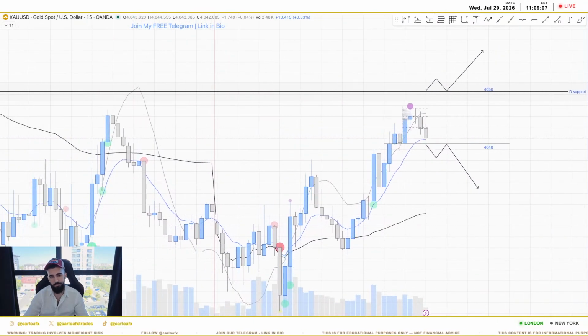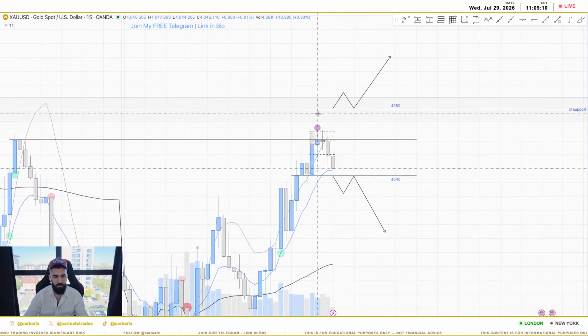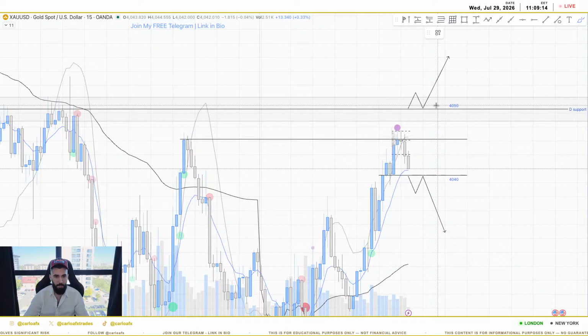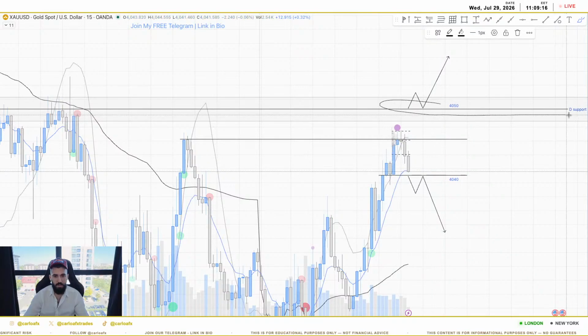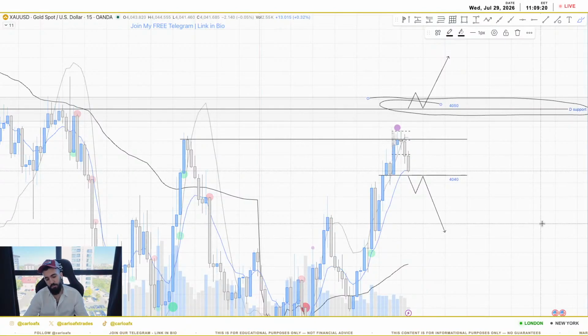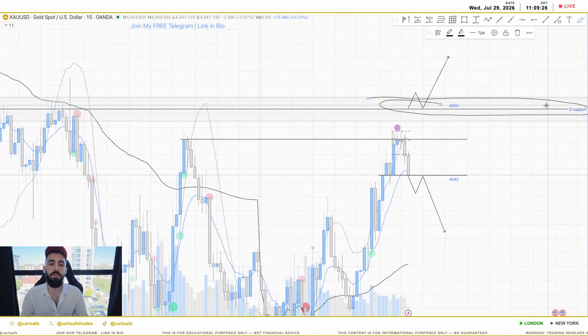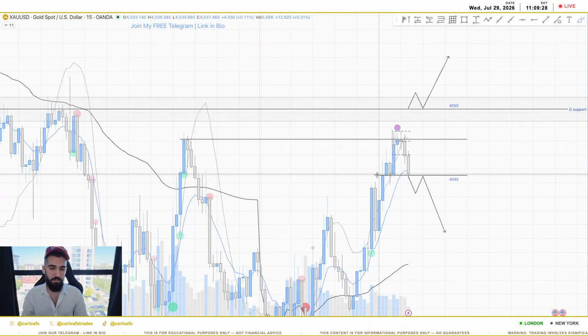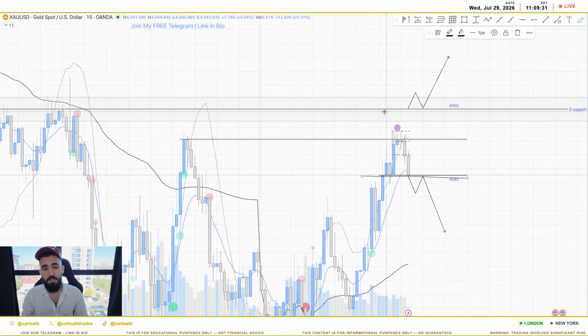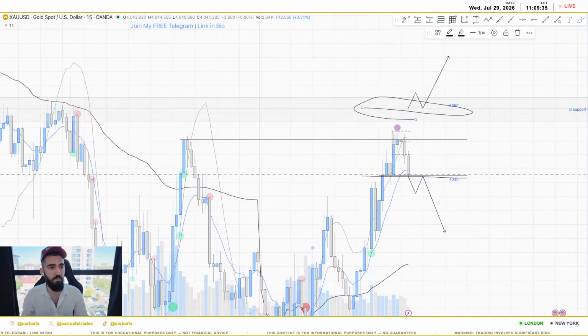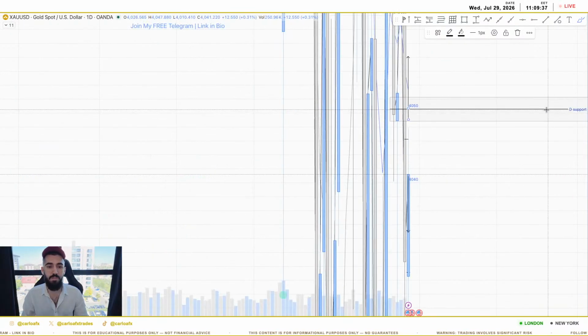Right now, no. I'm waiting for a break. Either a break out of this daily support on a lower time frame and going for an aggressive scalping trade, or a resistance right here, which is a daily support on a higher time frame, as we see.